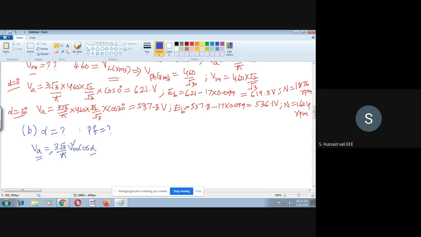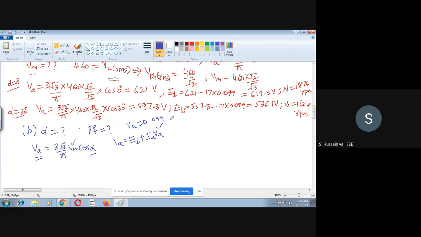So how to find out Va? To find out Va, you have one equation. Va is equal to Eb plus Ia Ra. This equation we know. The Ra value, just now we know that it is 0.099.